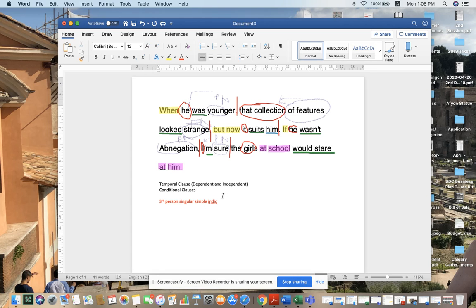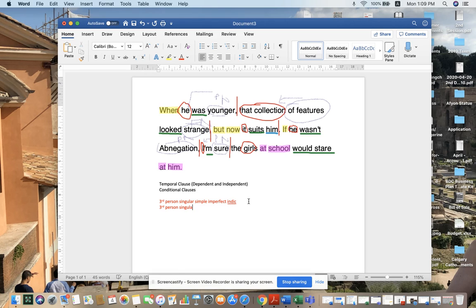Because we're dealing with a temporal clause. So we are going from, was. I got so used to the present. It's actually singular, it's simple, but it's imperfect, okay? And same thing over here, because it's in the past, third person, singular.